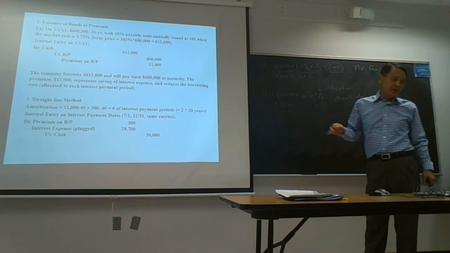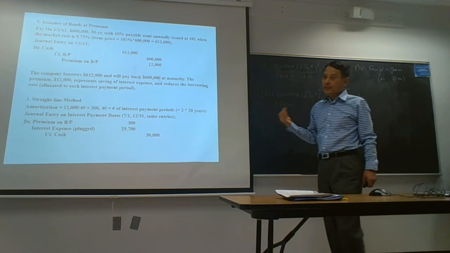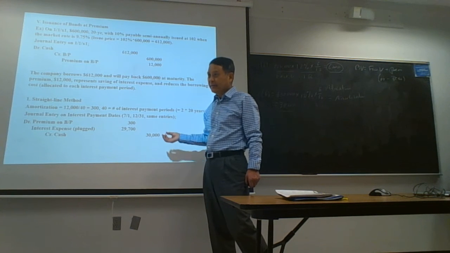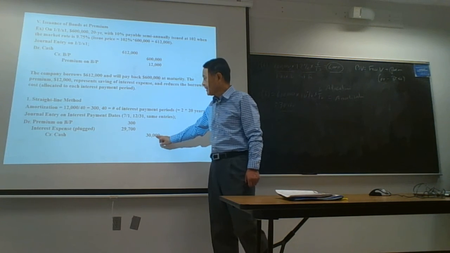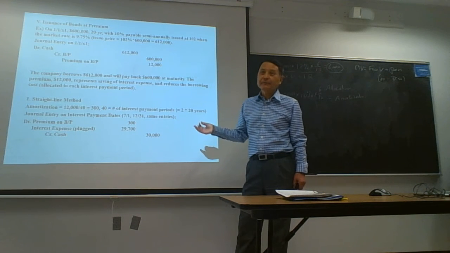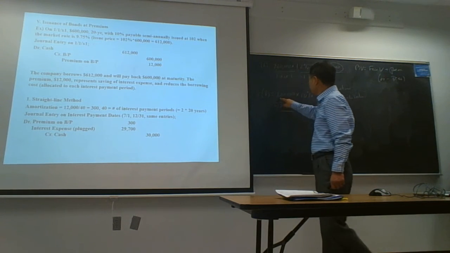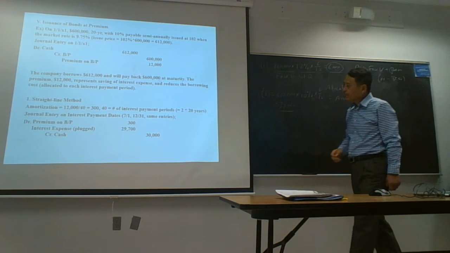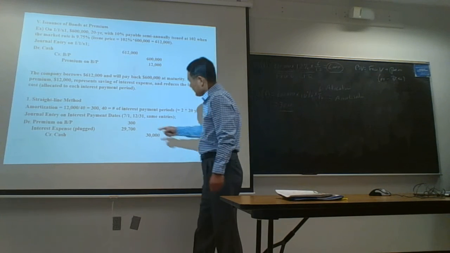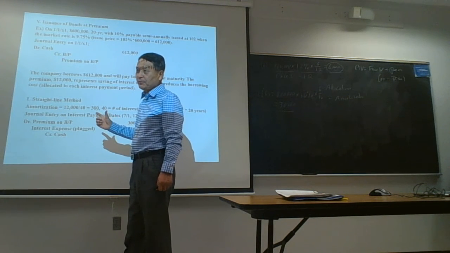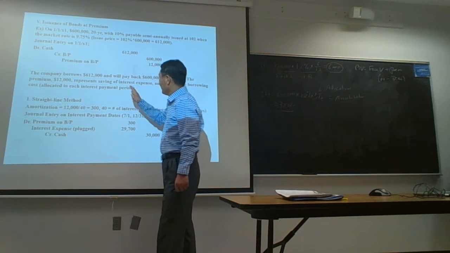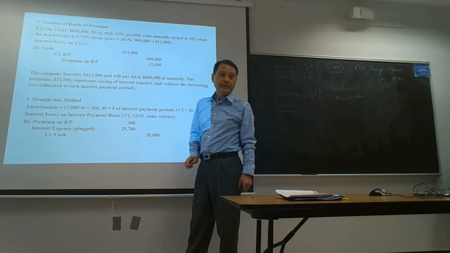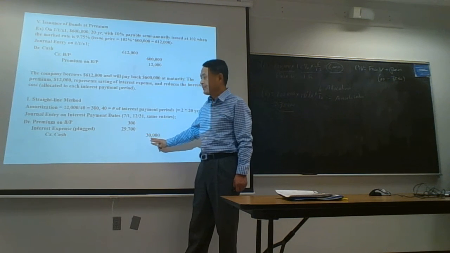So this is what the company will have to pay over the life of this bond, 20 years: $30,000 cash to bondholders, from face value and stated rate. The $300 amortization of premium represents a saving of interest expense, and because of this saving, the 6 months interest expense is less than the 6 months cash payment.